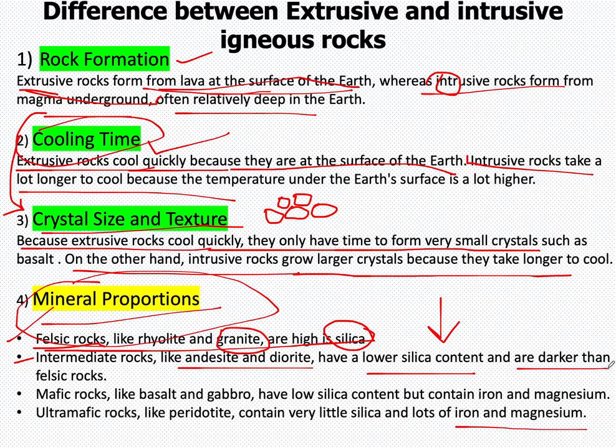Then there are mafic rocks like basalt and gabbro, which I discussed previously. These have low silica content and are dominated by iron and magnesium. And ultramafic rocks, peridotite being the best example, are very low in silica and have a lot of iron and magnesium. So this is a basic description.